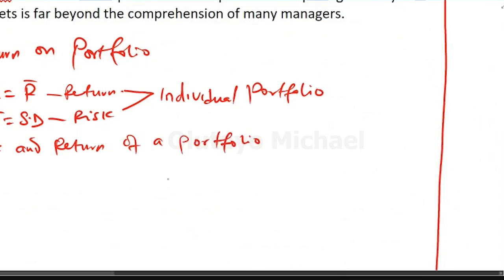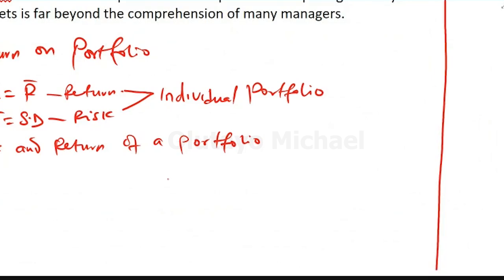Of course, portfolio means a pool of investments. So for us to determine the return on a portfolio, we need to determine the return on individual securities, and then we find the expected return.